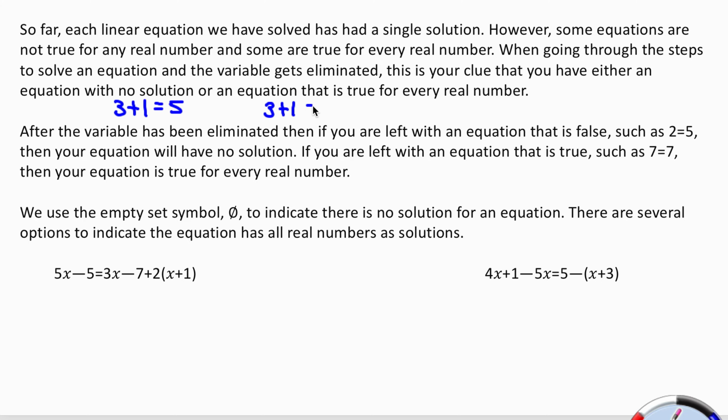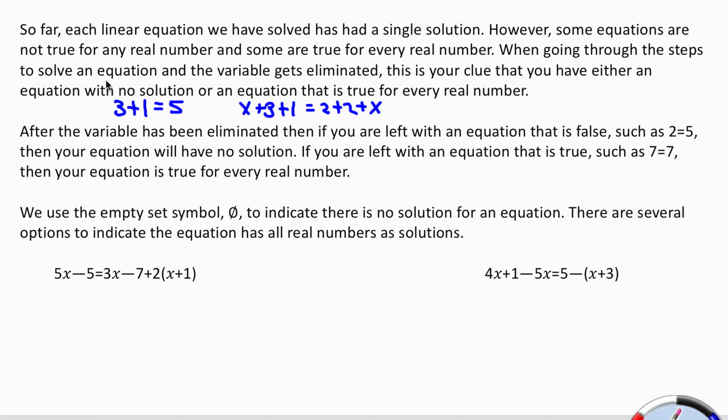And 3 plus 1 equals 2 plus 2. Oh yeah, that's always true, no matter what number I added to both sides, as long as it's the same, because they're both the same on both sides. So, sometimes we're going to have no answer, and sometimes we're going to have all answers.